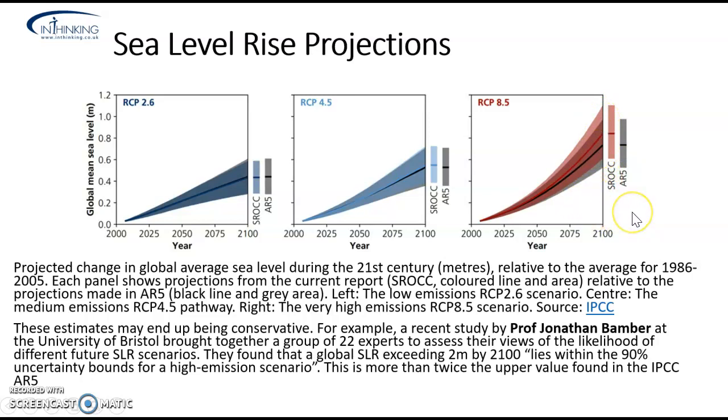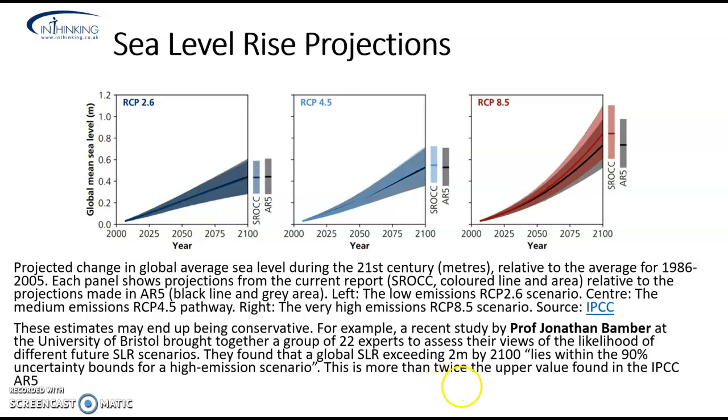But there remains huge uncertainty. So if I just read this at the bottom, these estimates may end up being very conservative. A study by Professor Jonathan Bamber at the University of Bristol brought together a group of 22 experts to assess the views of the likelihood of different future sea level rise scenarios.